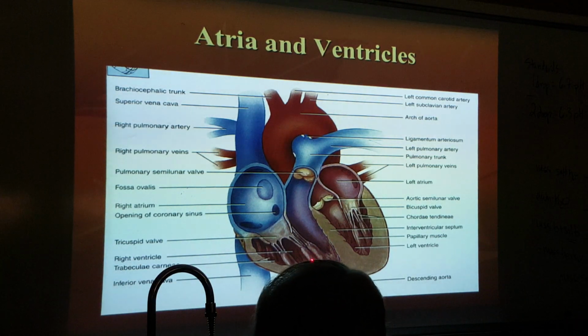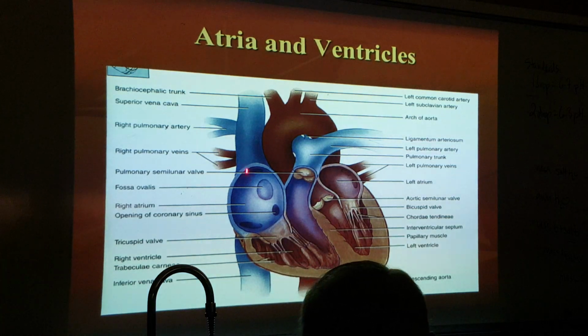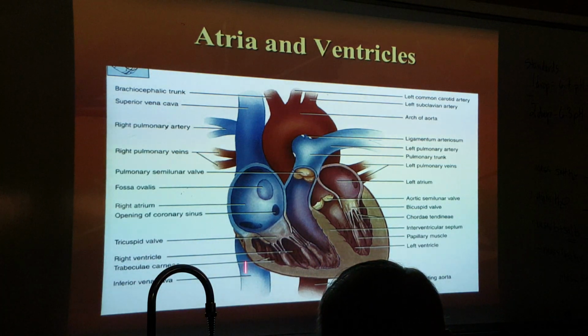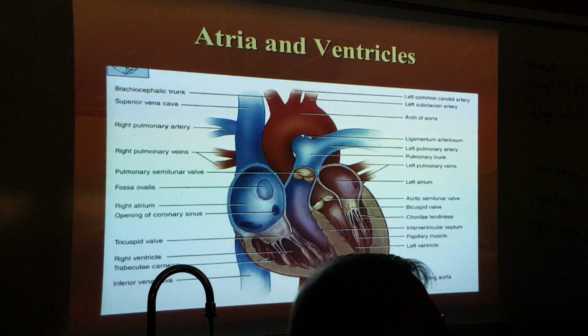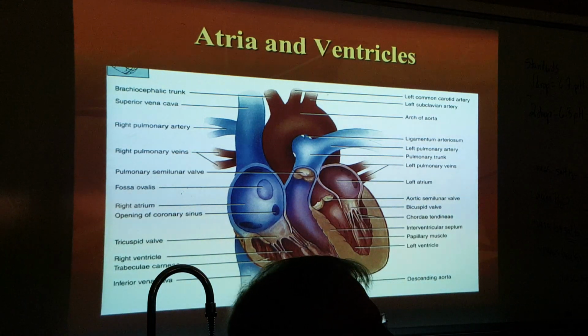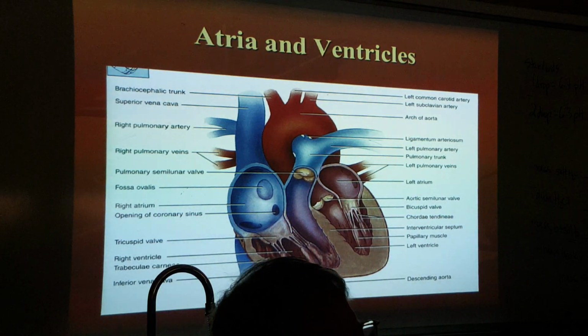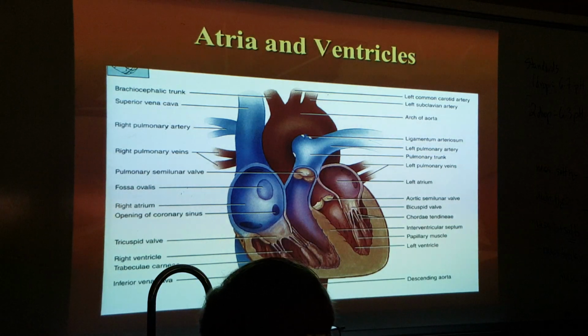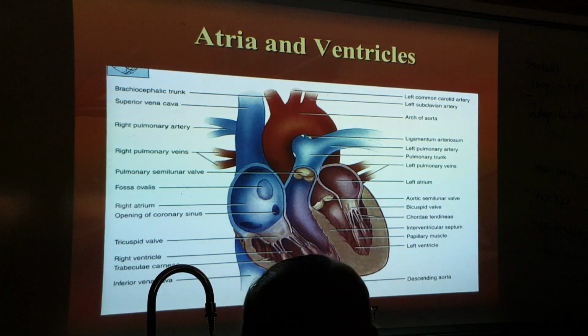And as we look at the heart, this is the right side of the heart. So the blood is coming back from all parts of the body under very low pressure, falling into the right ventricle. And when the right ventricle contracts, it pushes the cusps of the valve shut so that the blood can't go back where it just came from. It's got to go somewhere else.